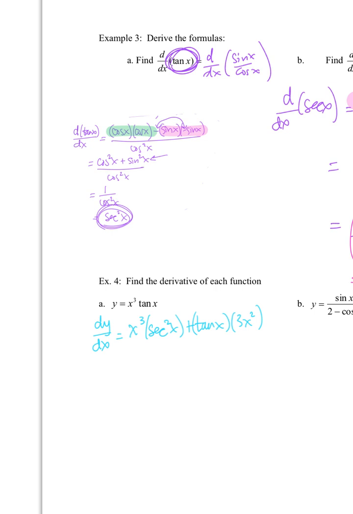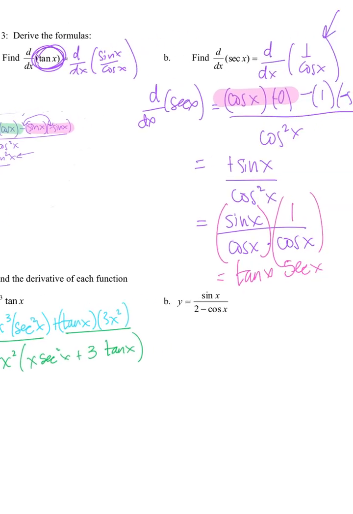Let me underline them for you. This is one term, this is another. They have a GCF. There's a greatest common factor in there of x squared. So when I factor that out, I end up with x squared times x secant squared x plus 3 tangent x. Okay, again, just factoring. I took out the greatest common factor.